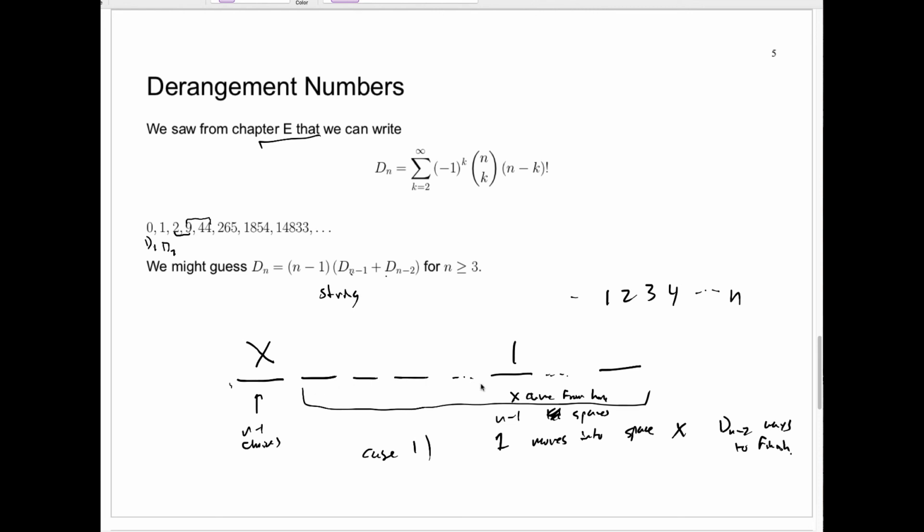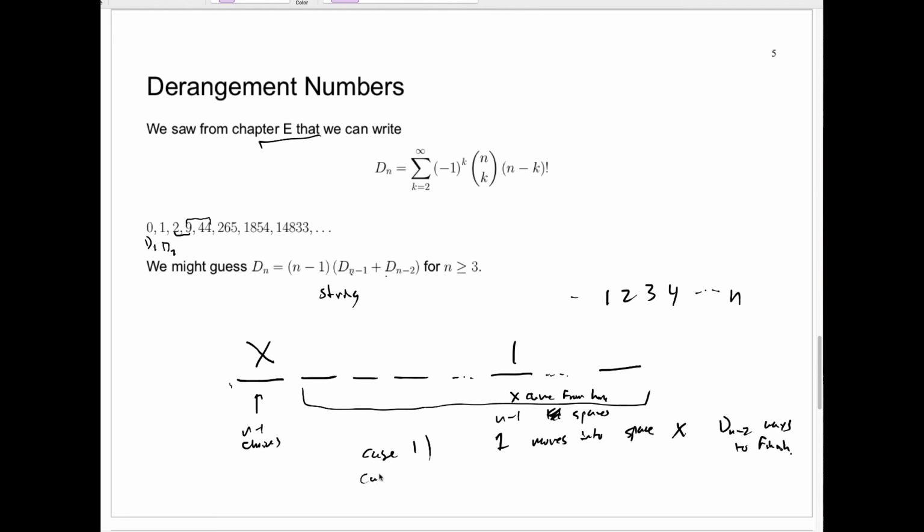The filling in of these spaces just means find me a derangement of the string that contains all the numbers from 1 to n with the 1 and the x removed. If you derange that n minus 2 letter string and then put those elements in these spaces with the x and 1 interchanged here, you'll have a derangement of the entire string.